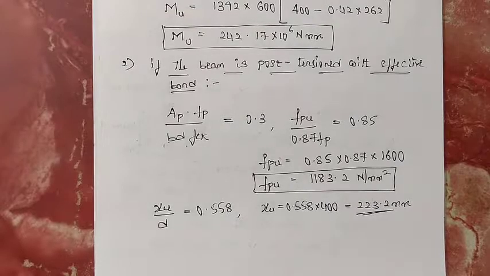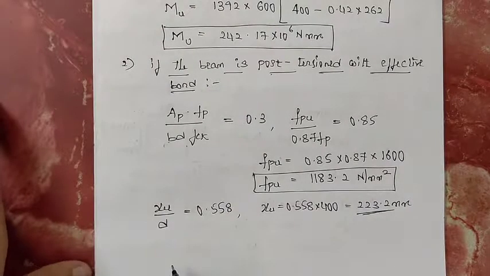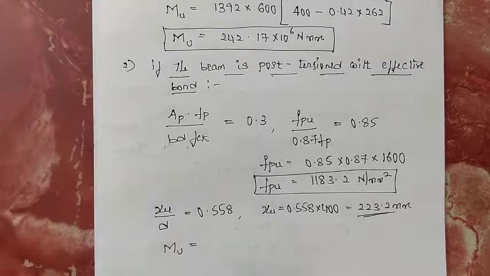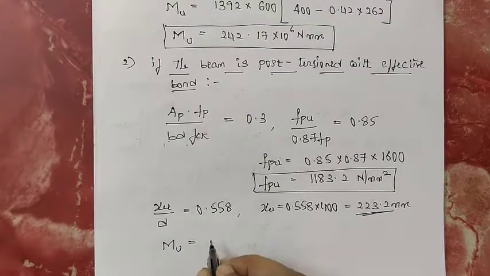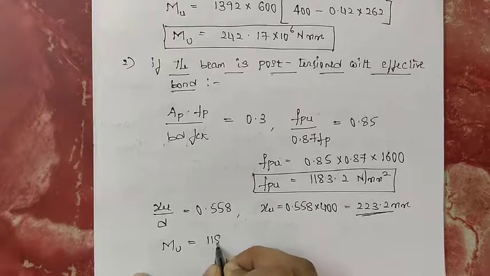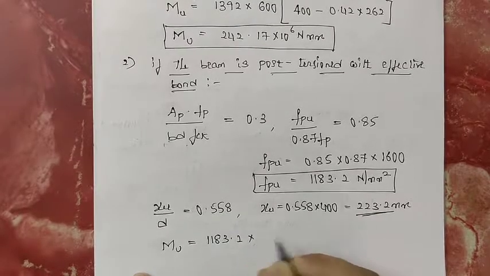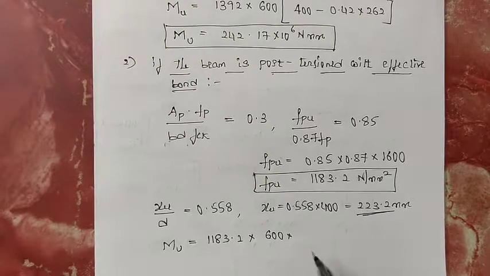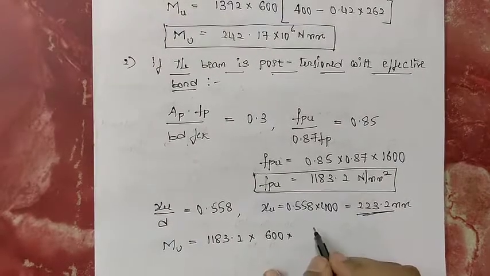Then last, you need to calculate Mu, the ultimate flexural strength of the section, using that same formula. Mu equals FPU, which is 1183.2, into the AP value, which is 600. I'm substituting directly; in the previous step I wrote the formula.